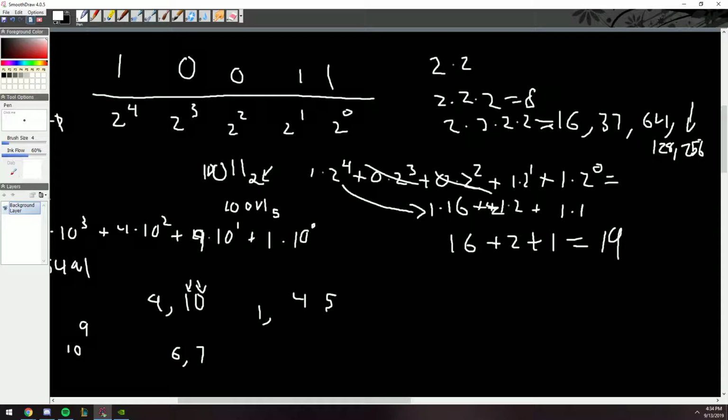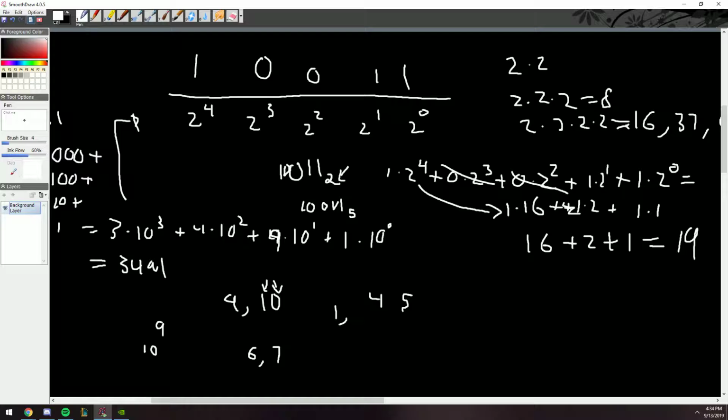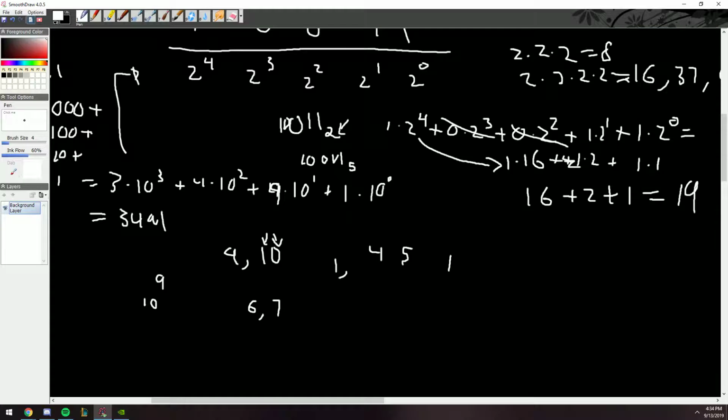The shortcut with binary specifically is that everything will either be a 0 or a 1. So another way you can think about it: if we have a number like 1, 1, 0, 0, 0, all we have to do is add the values where there is a 1. Because if there's a 0, it's 0 times whatever, and 0 times whatever is 0.